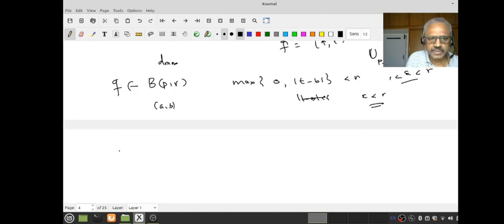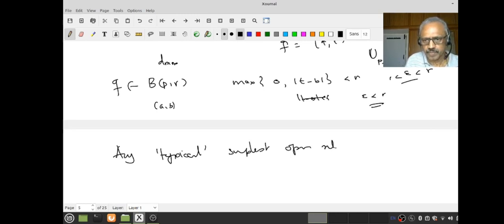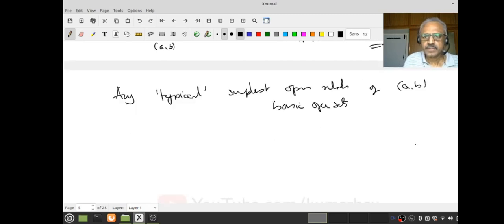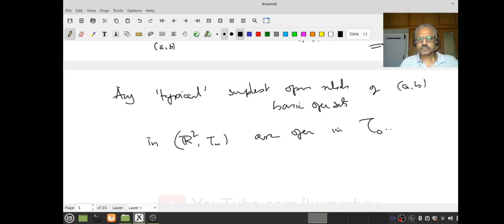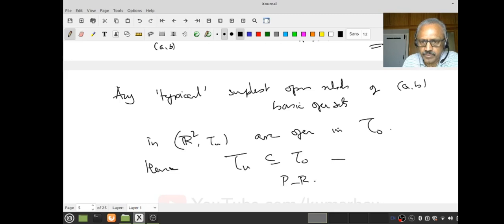Therefore, what I have shown is that the simplest open neighborhoods, the sets of (a, b) in R2 with the usual topology, are open in tau O. And hence we conclude that tau U is contained in tau O. Pause, review, proceed.